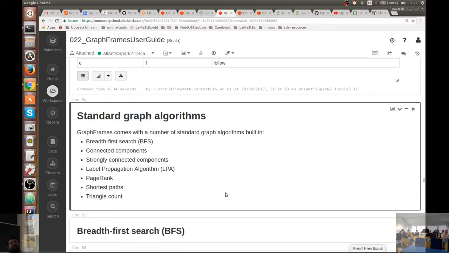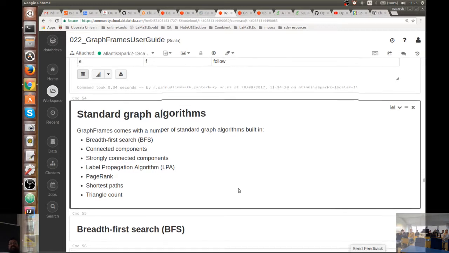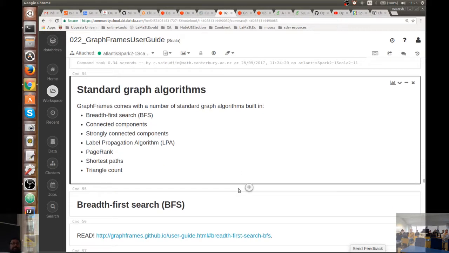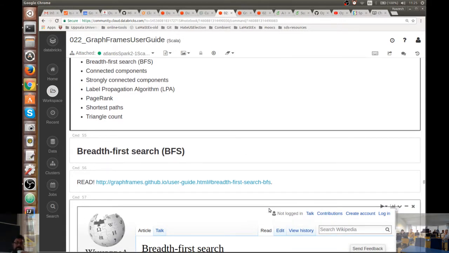And we'll look at this class of algorithms that are called label propagation algorithms, typically used for community detection in a large graph. We'll do PageRank using this vertex programming, which is nothing but the stationary distribution of that random surfer model I was talking about earlier. And then some shortest paths and other things like triangle counts. So these are all built-in methods, so nothing you need to implement yourself.